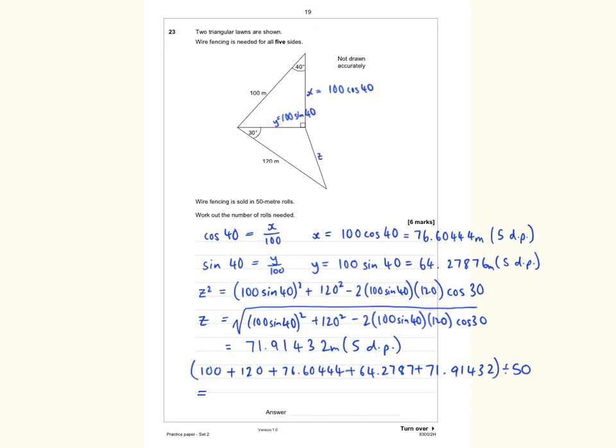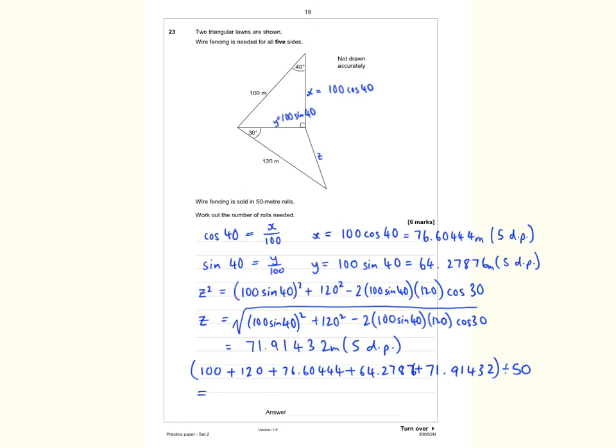So we have 100, add 120, add 76.60444, add 64.27876, I didn't put the 6, so I'm going to use 64.27876, add 71.91432, and I'm dividing all of that by 50.